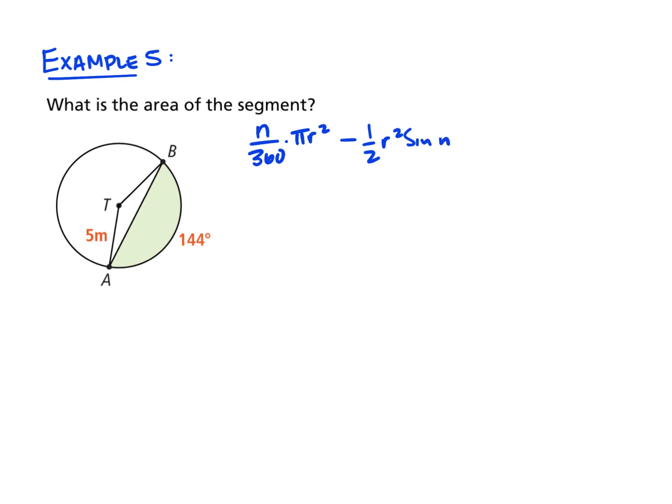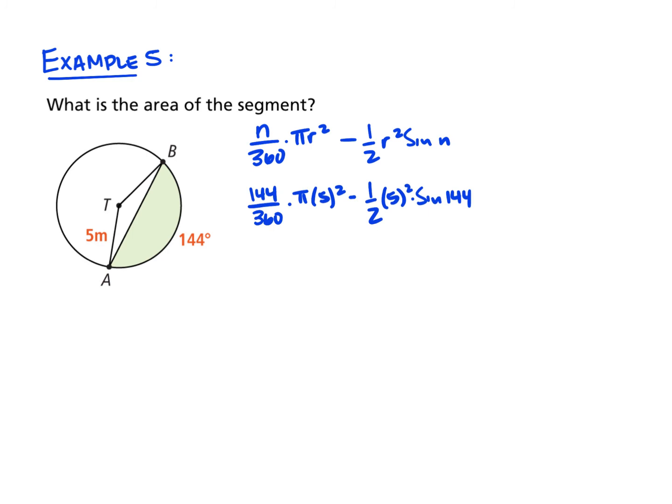So all I need to do now is take my n value, which is 144 degrees, the arc measure, and my radius length, and plug them in for n and for r. So I'm going to rewrite this to say 144 over 360 times pi times 5 squared minus 1/2 times 5 squared times the sine of 144.